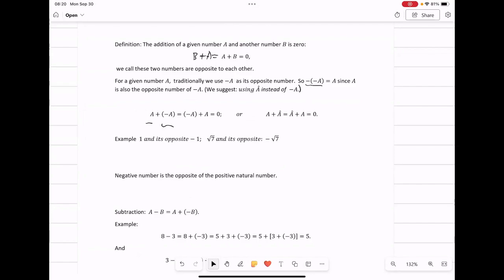A typical example is 1 and negative 1. Even if you have a number you don't understand, for example the square root of 7, its opposite is just putting a minus sign in front. You can read it as negative 1 or minus 1. Those are terminology we borrowed from arithmetic, and of course you can also just say the opposite of 1, which is also fine.